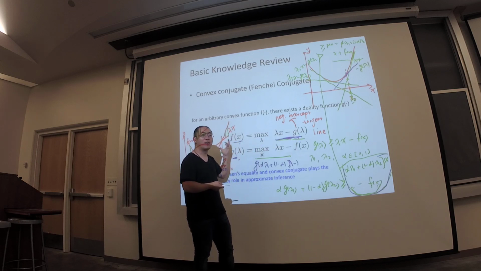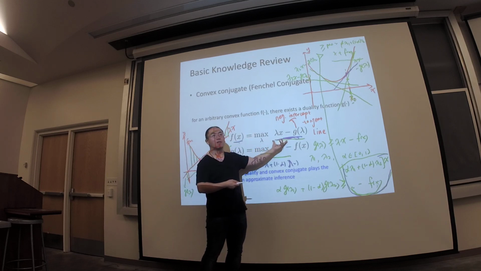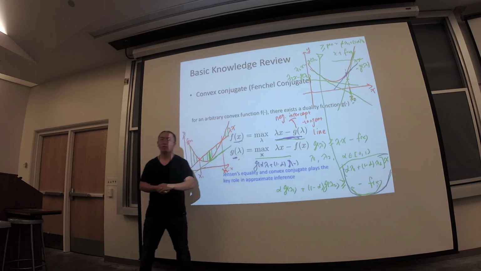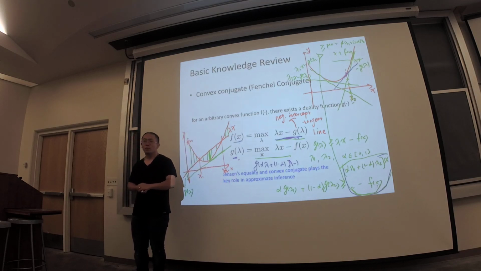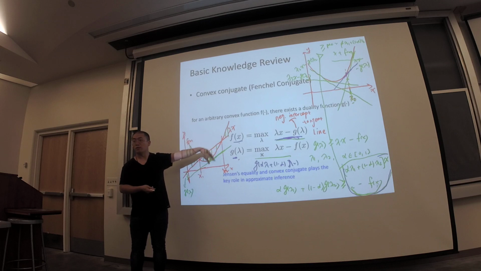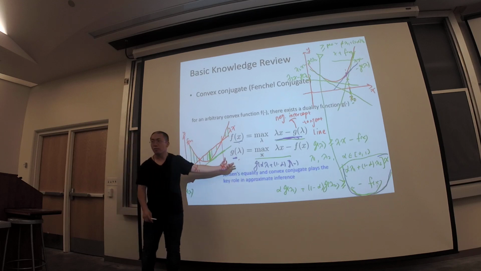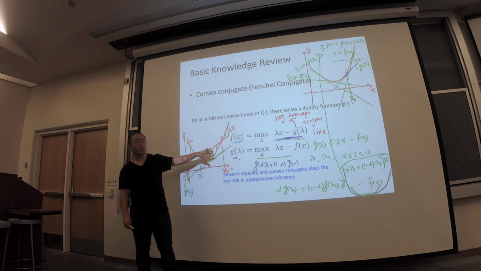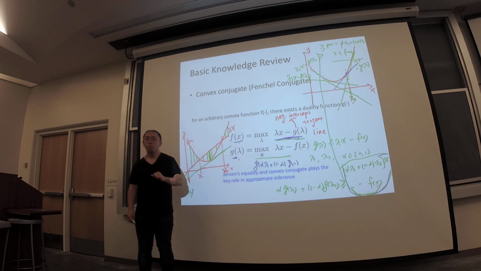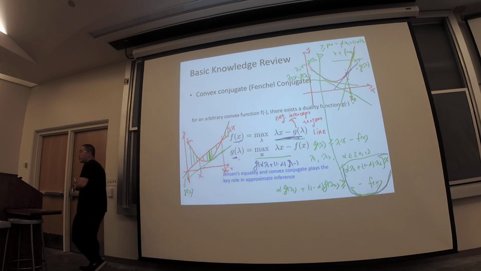But the problem is many non-convex functions cannot be represented in this way, right? So this is very commonly used in variational inference. It actually forms the foundation of variational inference. So I hope you can keep it in mind, because later when we discuss variational inference, we'll come back to this again. Any questions?